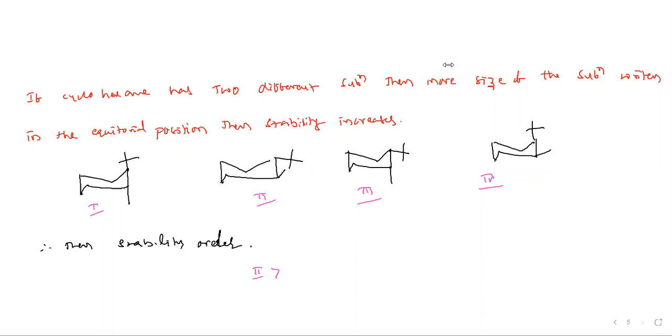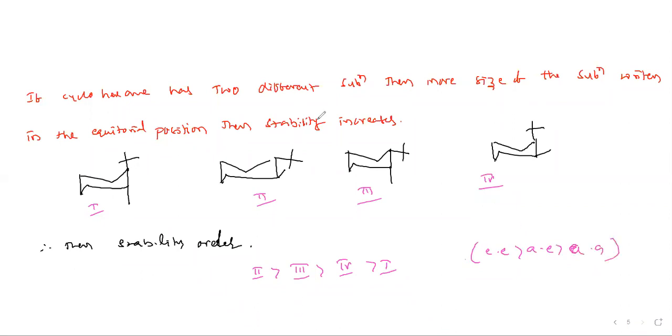Then both are equatorial. Now you should write the equatorial one, always the one with more size, always on the equatorial position. So third one, then fourth one, then first one. Always equatorial is greater than axial: equatorial, then axial.